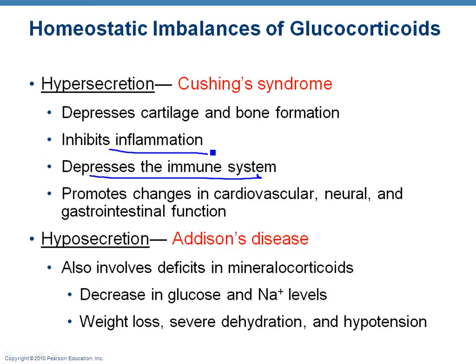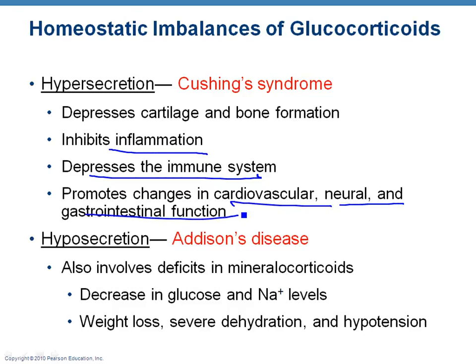Also, it's going to prohibit or lessen inflammation. So if you have arthritis or anything that's causing inflammation, sometimes they'll give you cortisol as well. But you can see that this is not something you want to take long-term because it does have all of these important functions that are going to be changed due to this gluconeogenesis.